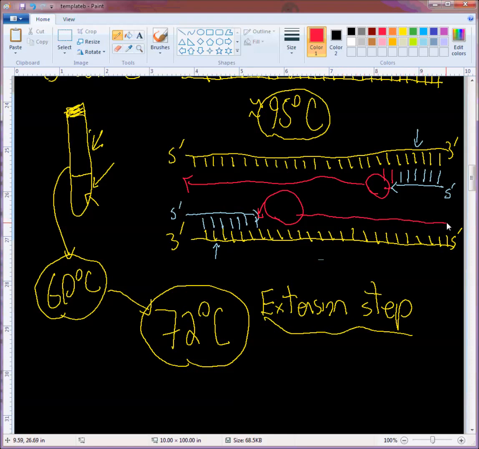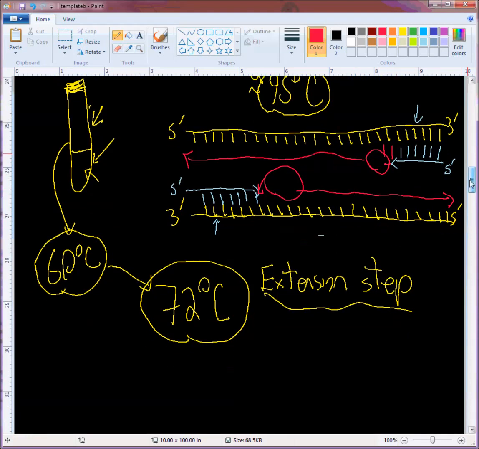Okay, so we'll talk a little bit more about this in a moment, but we're going to give the extension step about 1 minute per 1,000 base pairs of the length of the target. We said our gene was about 3 kb, or 3,000 base pairs, so we would run this extension step for about 3 minutes.